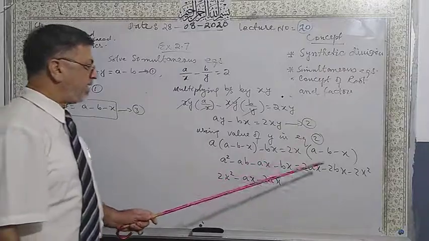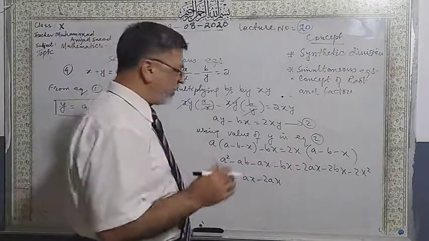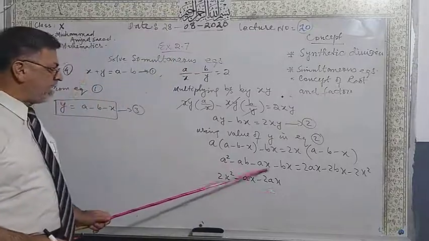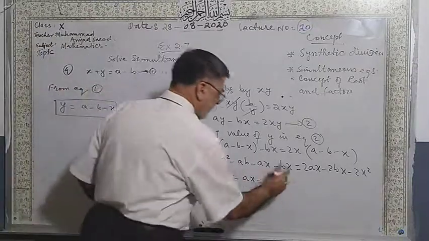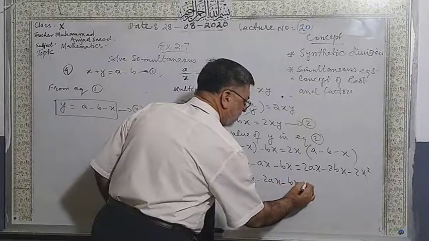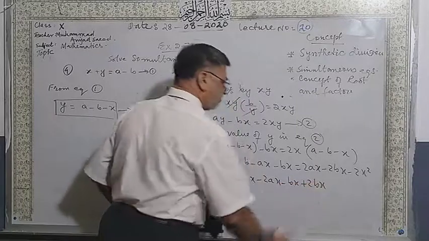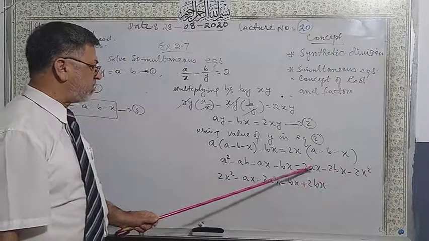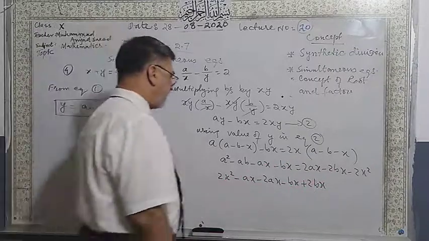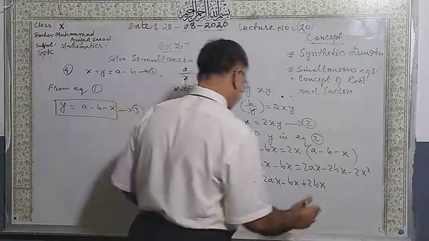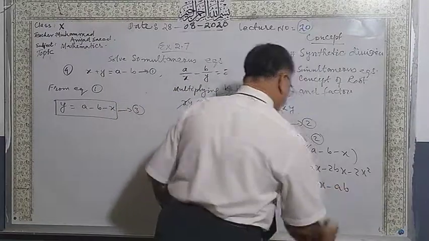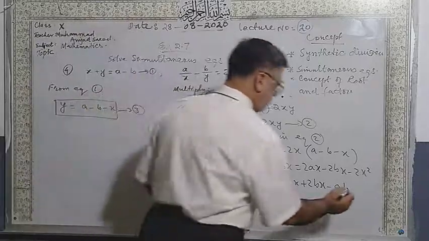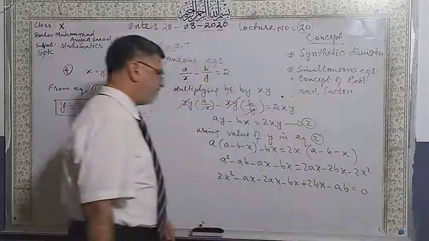I told you I am writing down the equation in descending order. First term is x square, second is x term. Similarly, here is minus bx plus 2bx. And at the end we have minus ab is equal to 0.